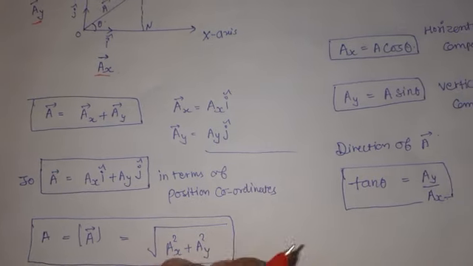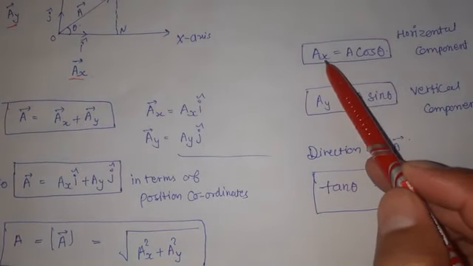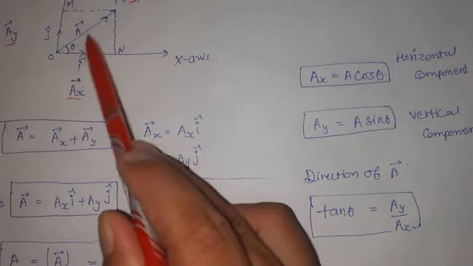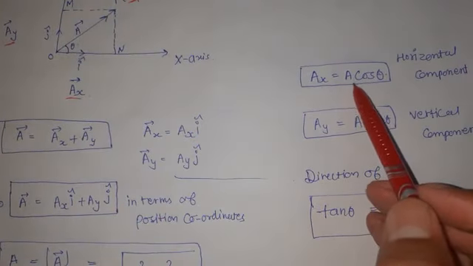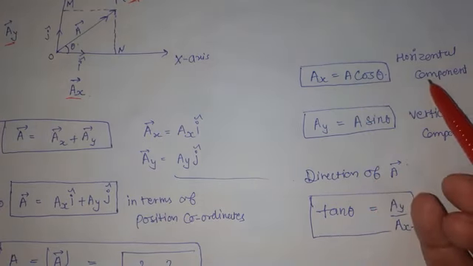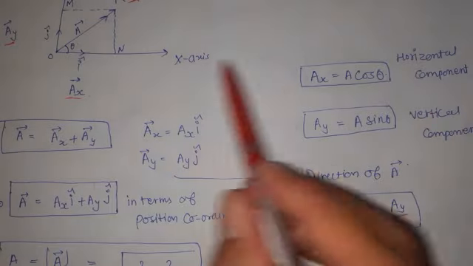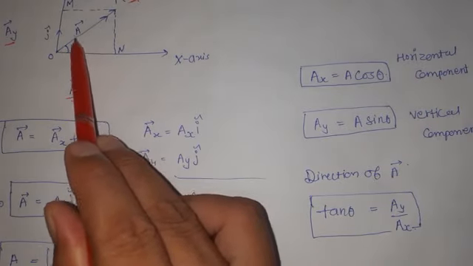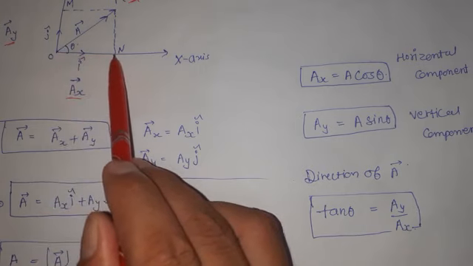Now this Ax, in terms of the given vector, we were writing as A cos theta. This is known as the horizontal component. Specially, you need to look at the angle made by the given vector with the axis.